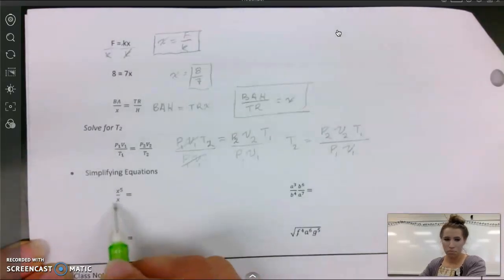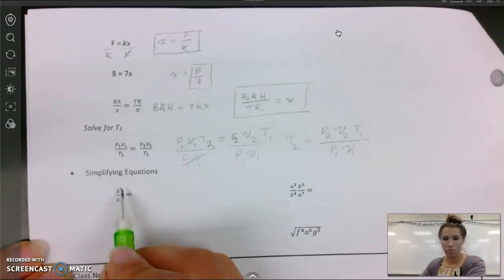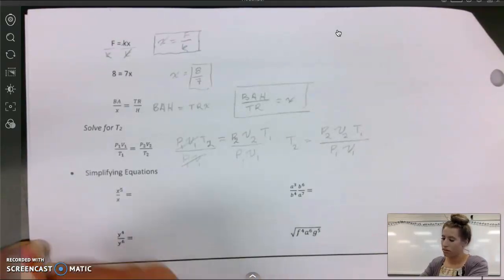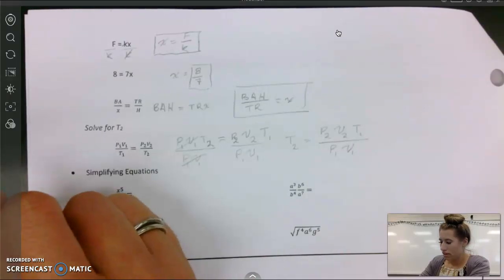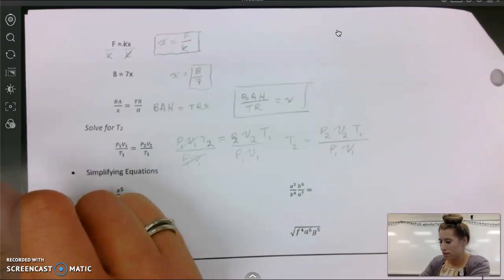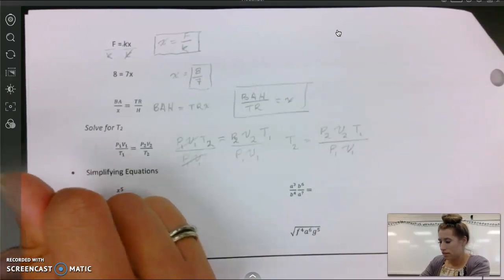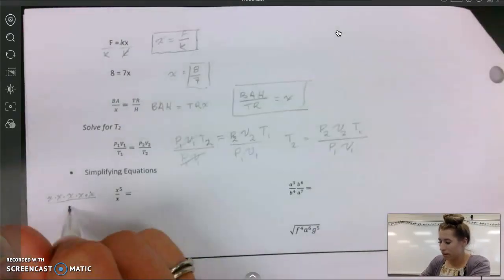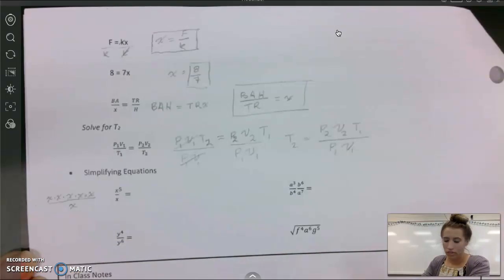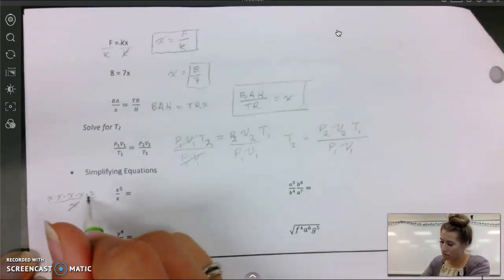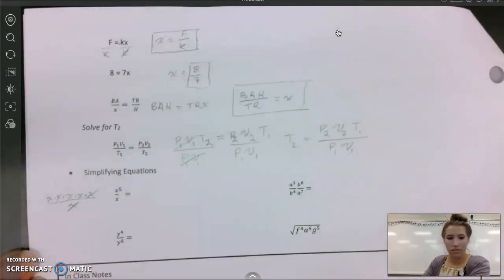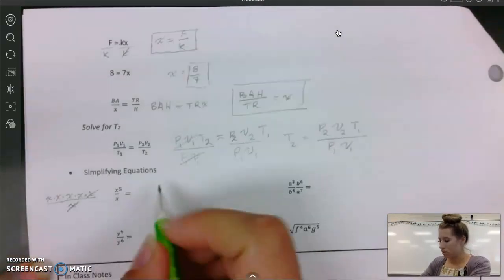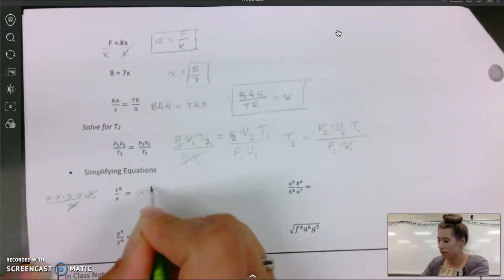This x below can cancel with one of the x's above here, because this is the same thing as x times x times x times x times x divided by x. And so this x will cancel with one of them. And so then we're left with 4 on top of our fraction. So this would be x to the 4th.